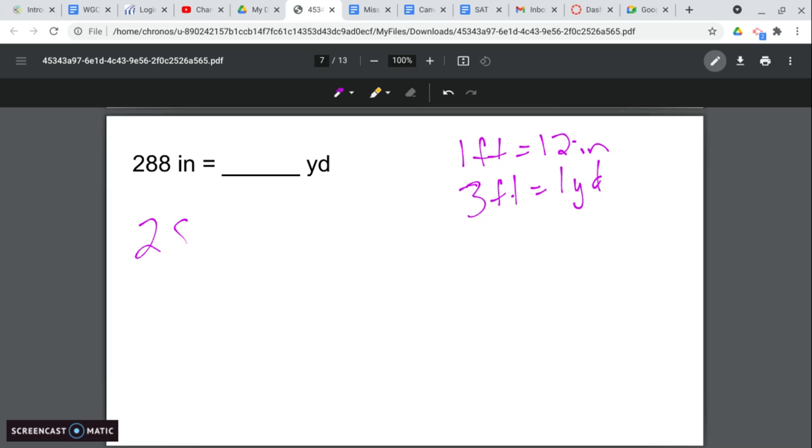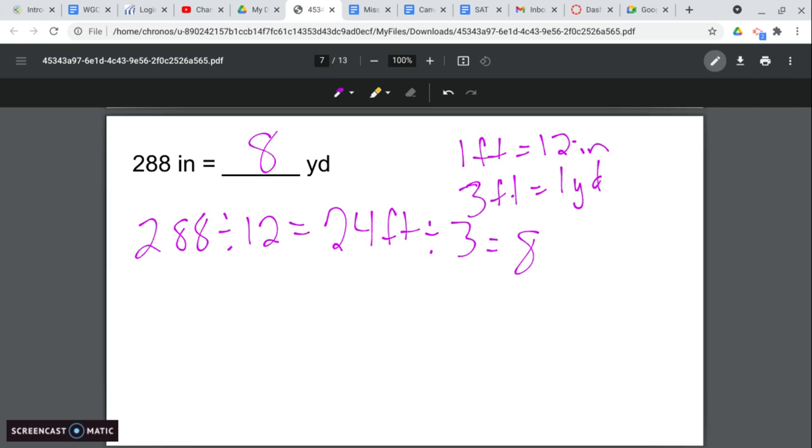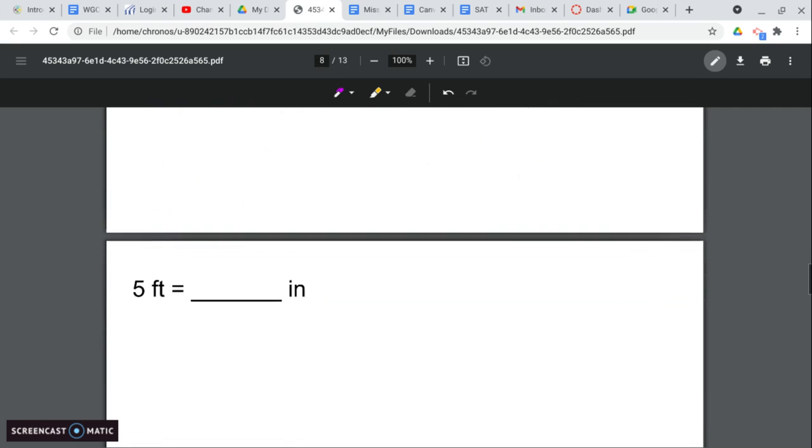So we're going to take 288 and divide it by 12 to find out how many feet that is, which is 24 feet. Now, to go from feet to yards, we need to divide that by 3, and we find out that it's 8. So 288 inches is 8 yards.